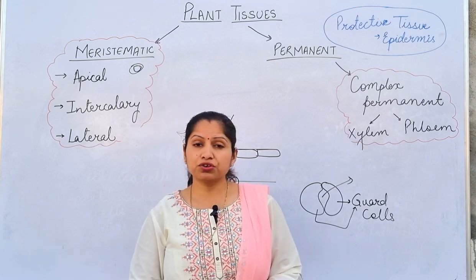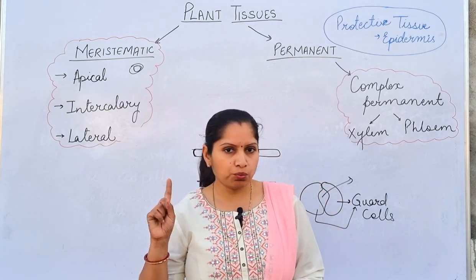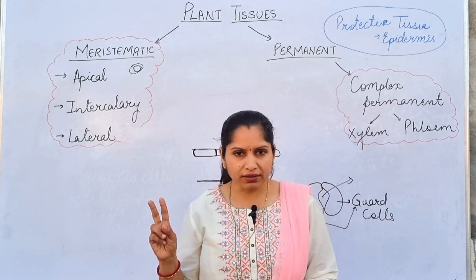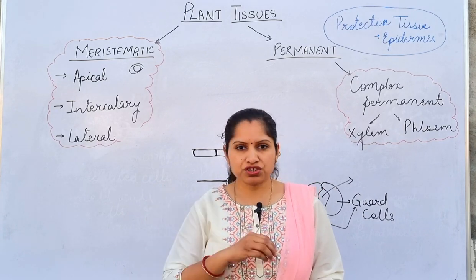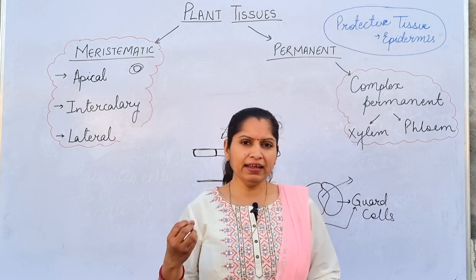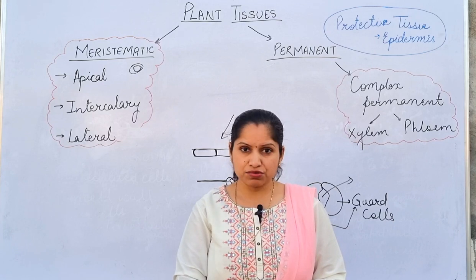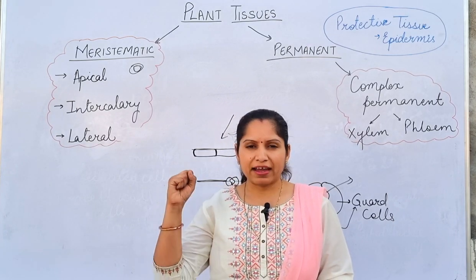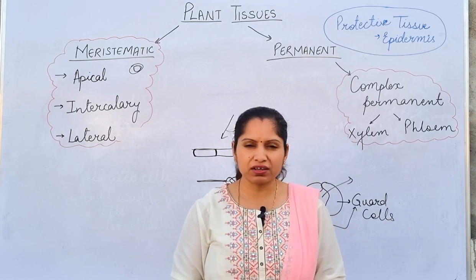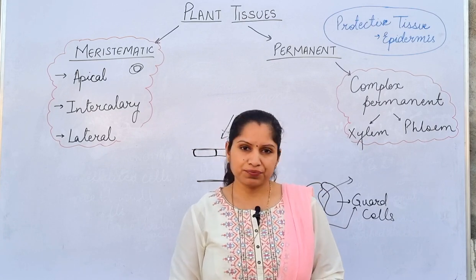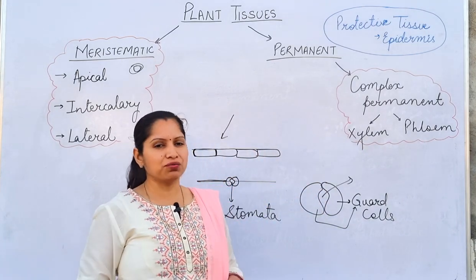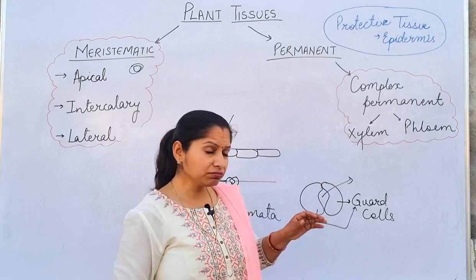This epidermis is going to protect the plant against wind, against water, and against invasion of fungus or any infective organisms. So that will form a line of defense and not allow any fungus to enter into the plant, similar to the function performed by our skin.